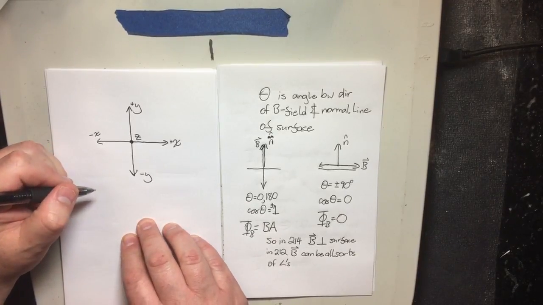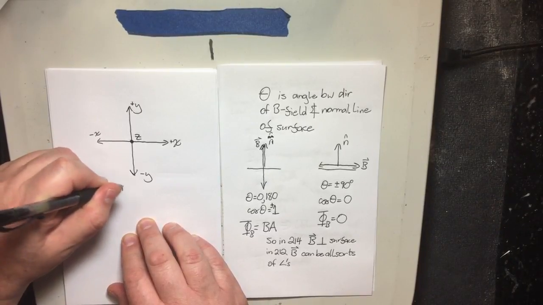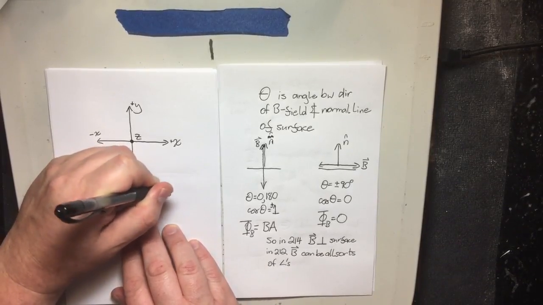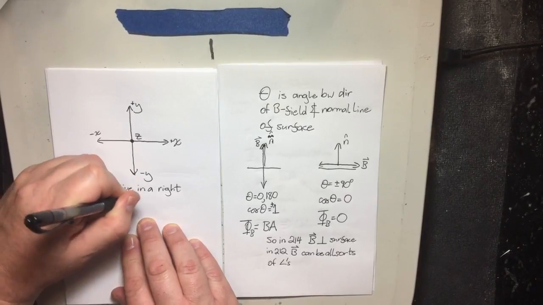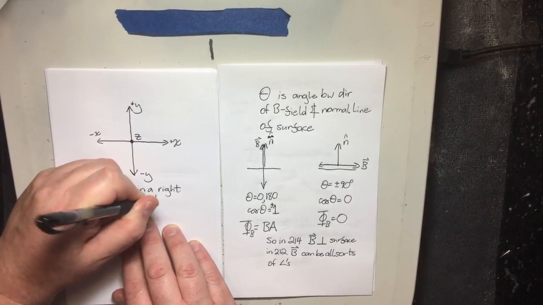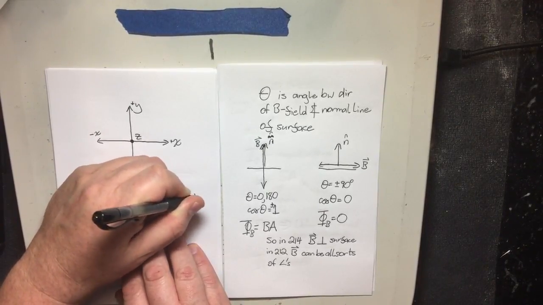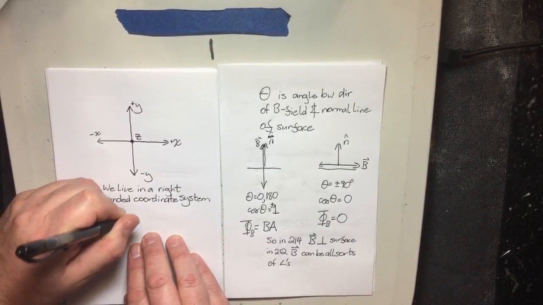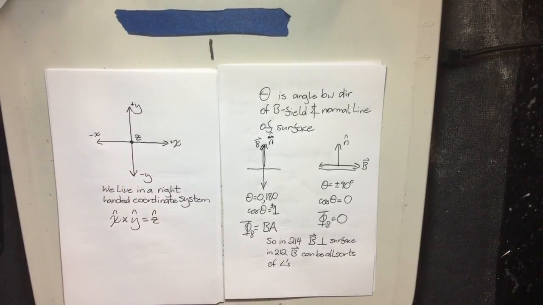It's because we live under the oppression of the right-handers: we live in a right-handed coordinate system. One of the things that is fundamental for a right-handed coordinate system is that x cross y is equal to z.